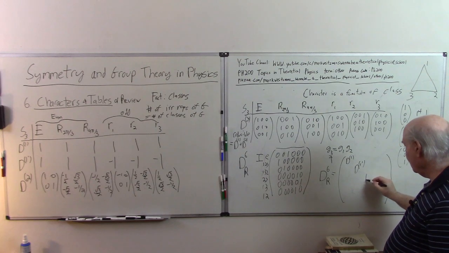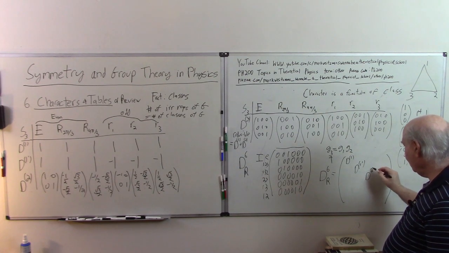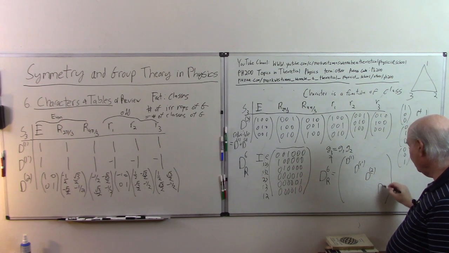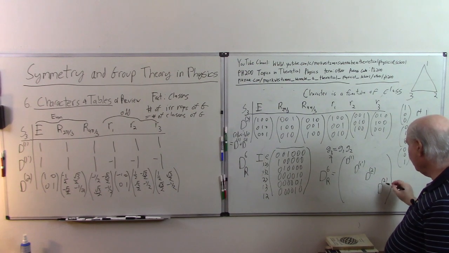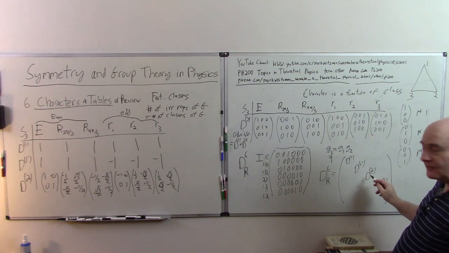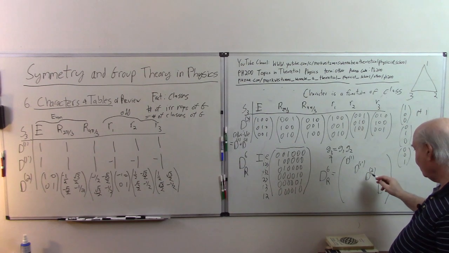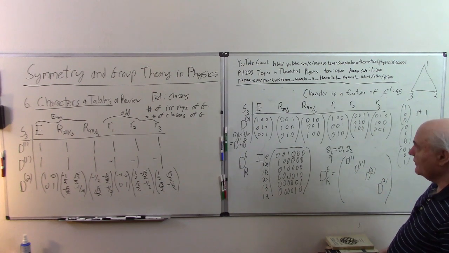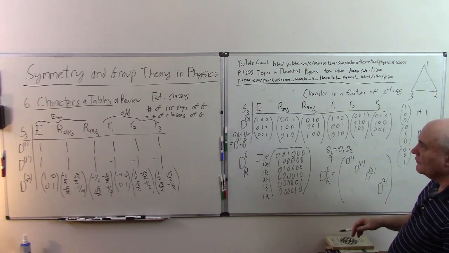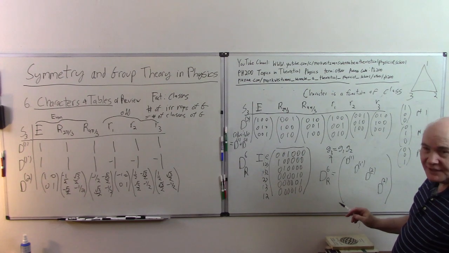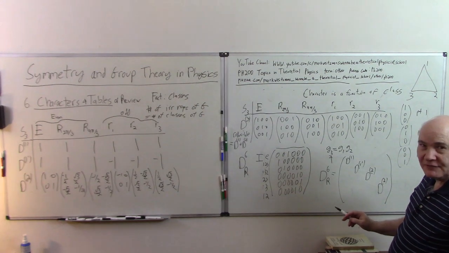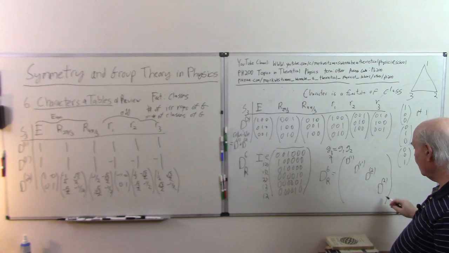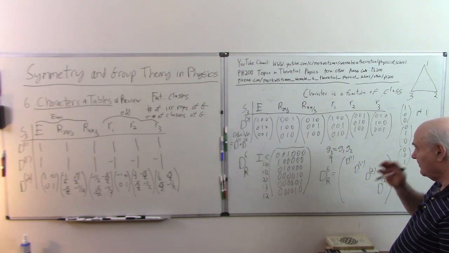And then we're going to have D2 and D2. And the number of times that the two-dimensional representation occurs is just equal to 2. And if we were to have a more complicated group where there were more irreducible representations, like if there was a four-dimensional representation, it would occur along the diagonal 4 times.